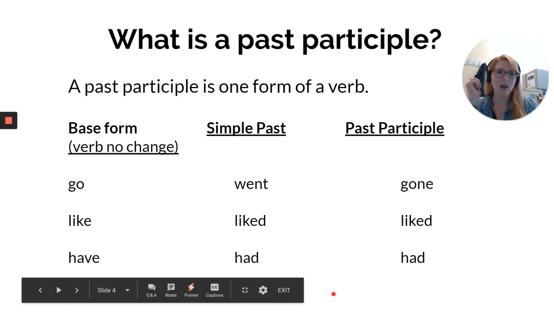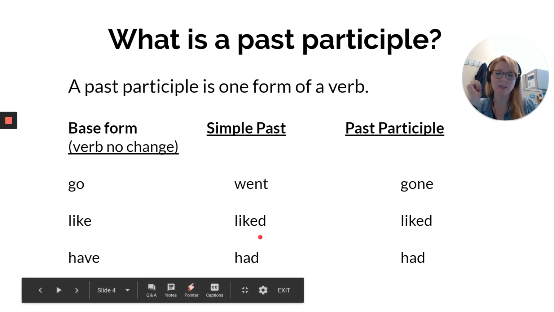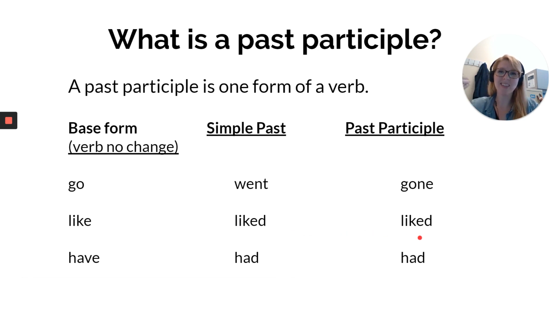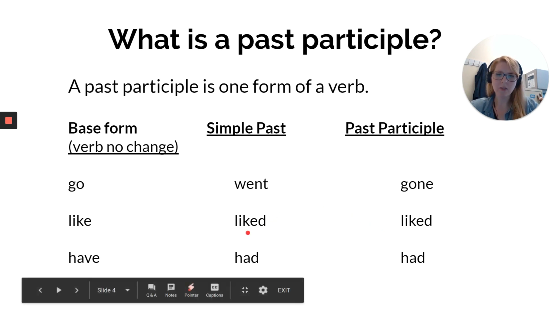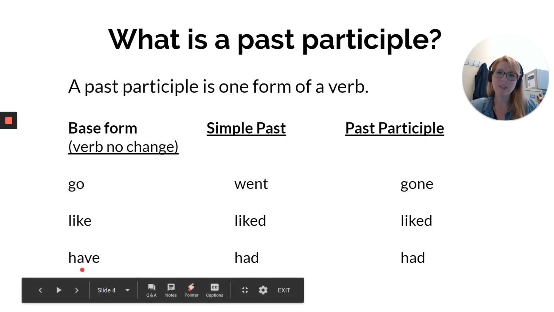Okay. And then we have like. Simple past is liked. And the past participle is liked. Because it's an ed, it's a regular verb, the simple past and the past participle are the same. And sometimes they're the same even when it's irregular.